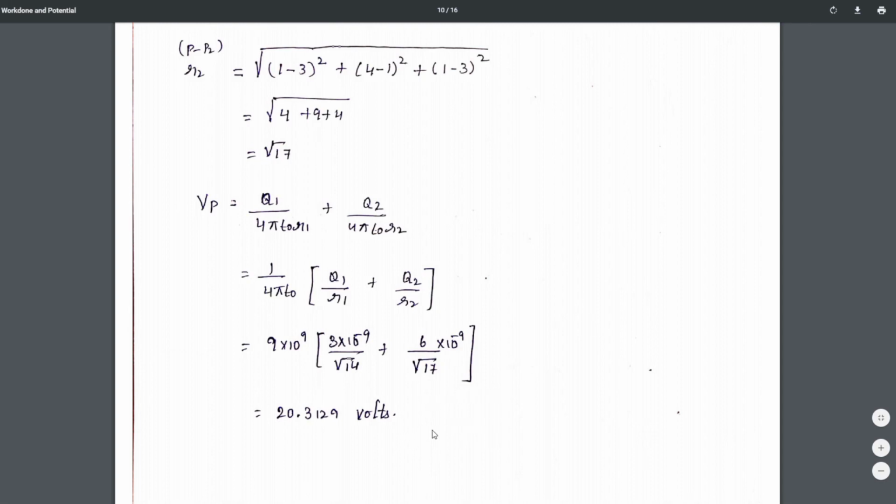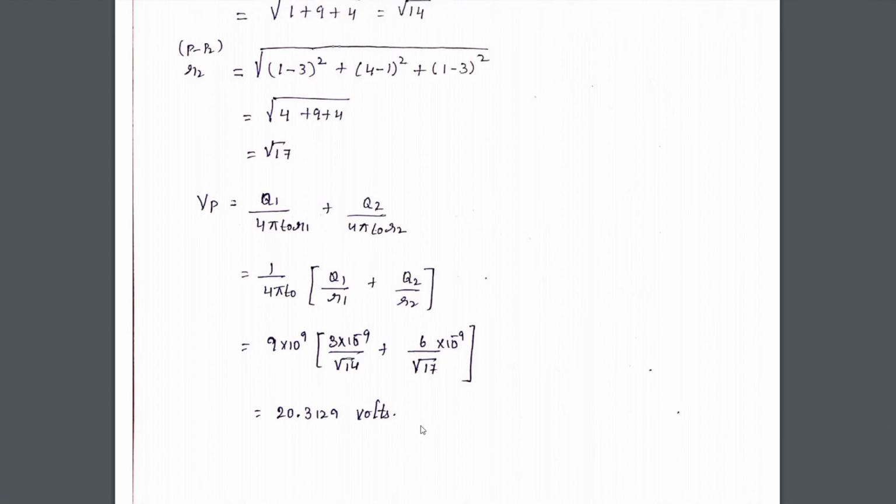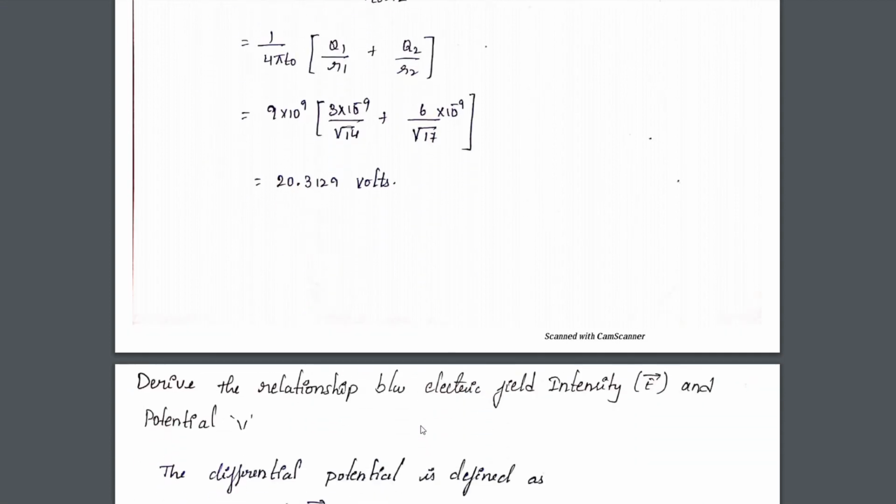So in this, you have studied what all work done, the physical meaning of work done, and how you're going to express the work done in terms of electric field, that is W is equal to minus Q integral E dot dl, that is the work done expression.